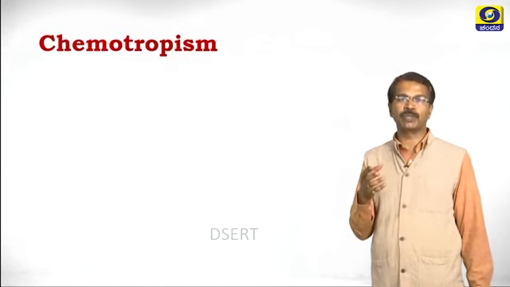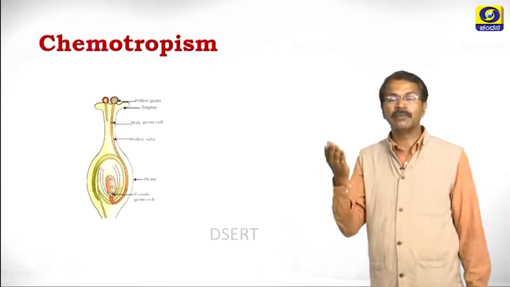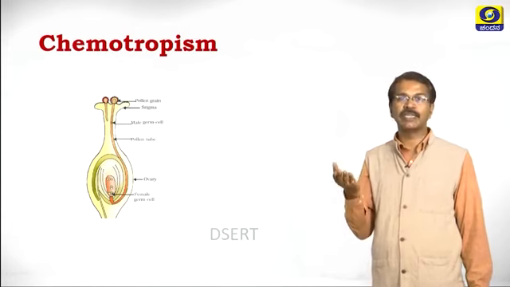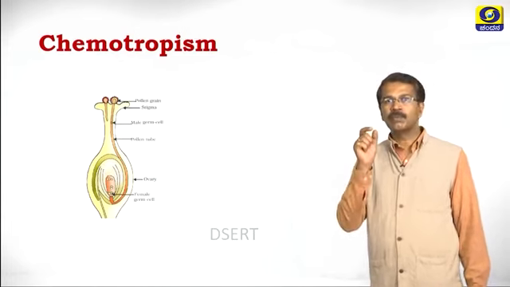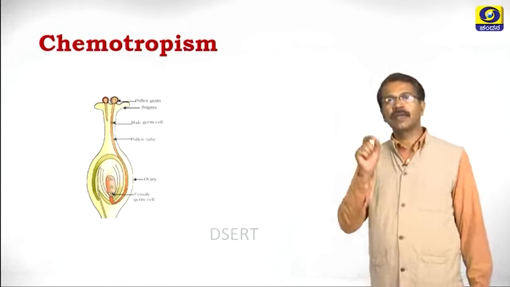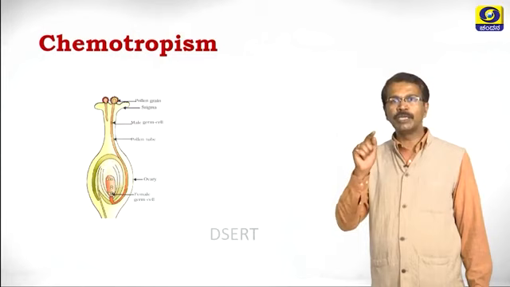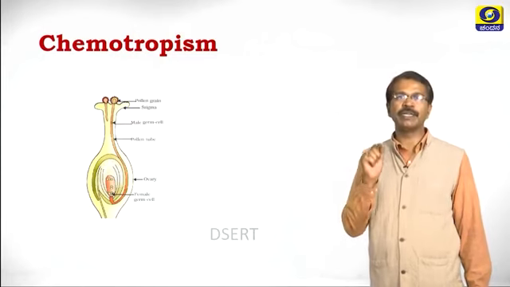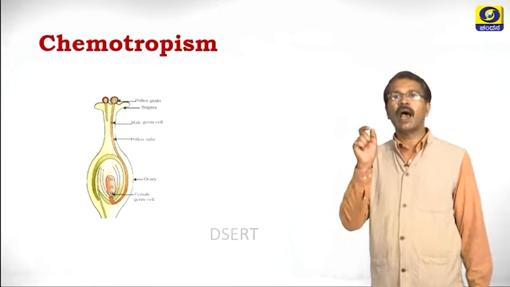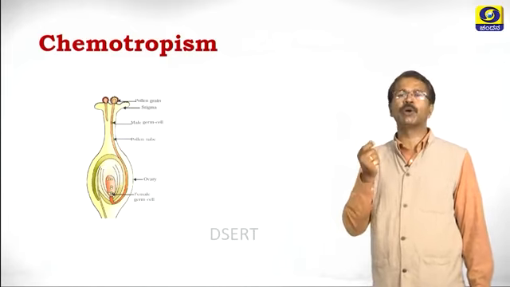Next is chemotropism. In case of chemotropism, let us consider a diagram which you have studied in How Do Organisms Reproduce in 10th standard biology. The pollen grains are transferred onto the stigma from the anther. Now this pollen grain produces a pollen tube. That pollen tube extends till the ovary. Further the fertilization occurs. All those things are separate. But the question is, how does this small minute pollen grain produce such an elongated pollen tube?